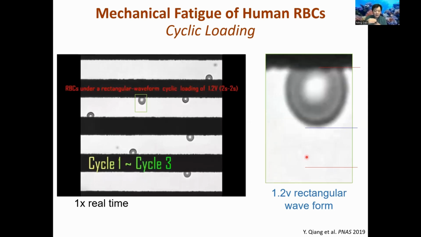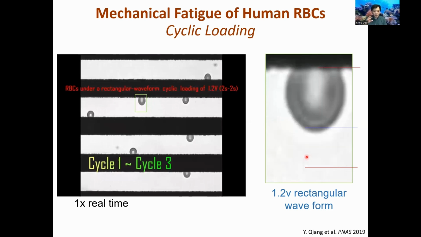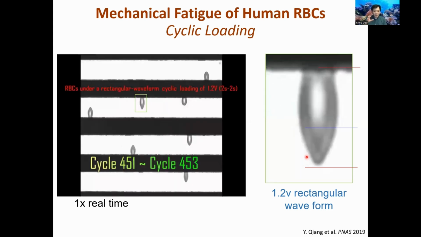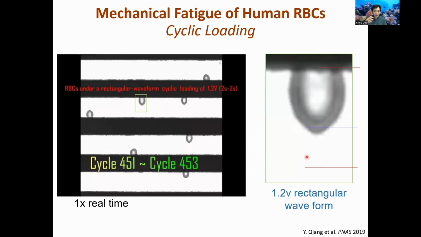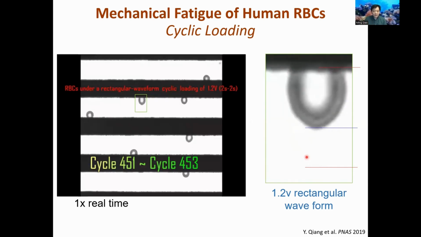That means it's getting stiffer. So after repeated cycles, the cells become stiffer and stiffer. So mechanical fatigue can make the cells lose its deformability.